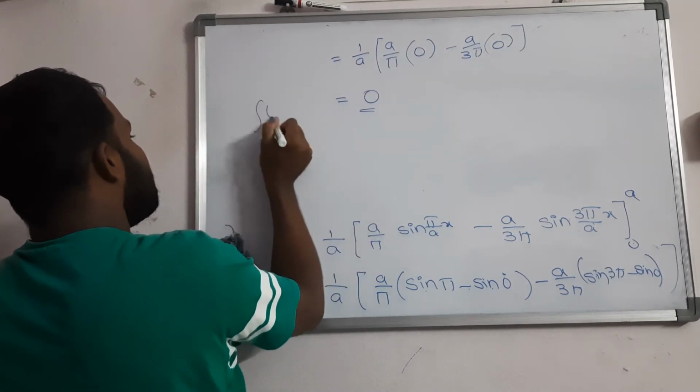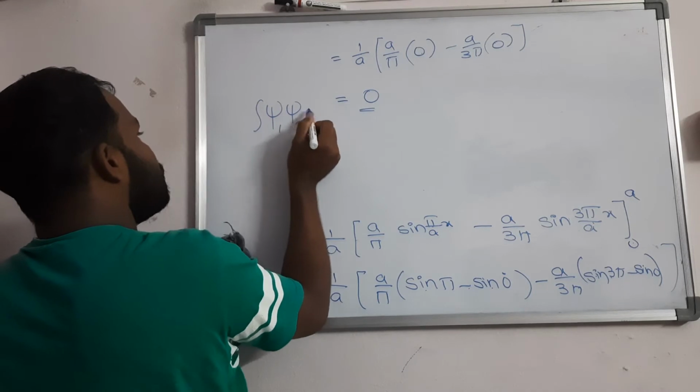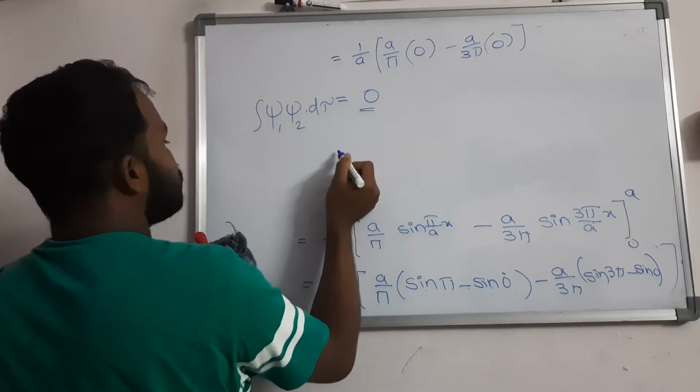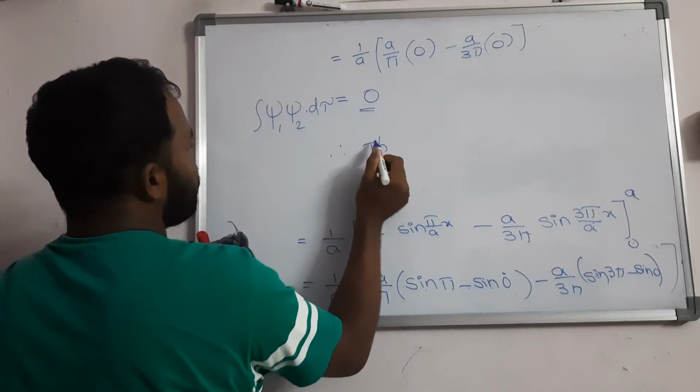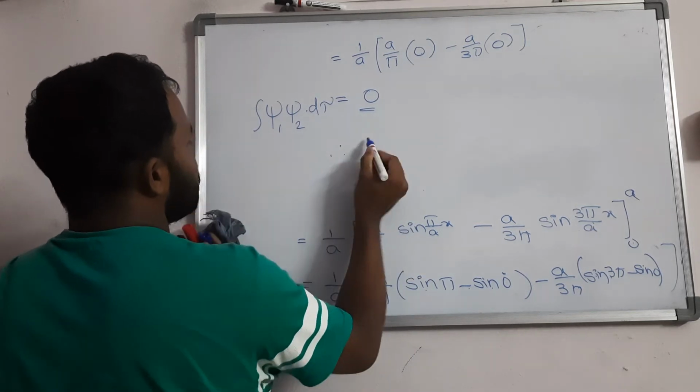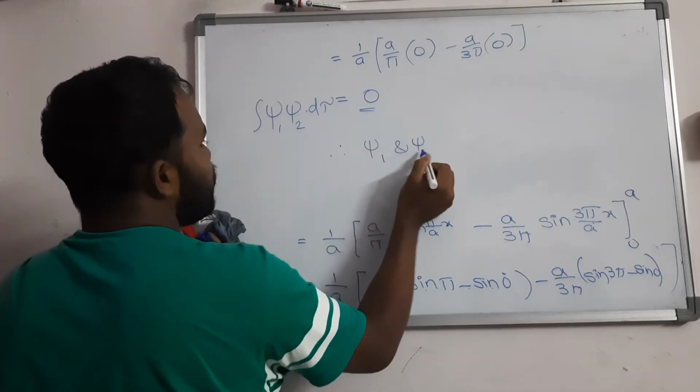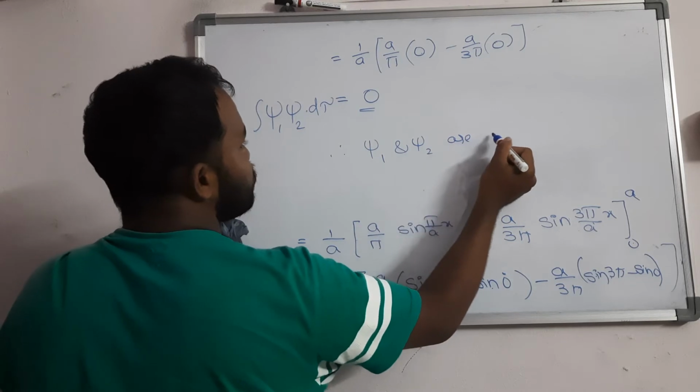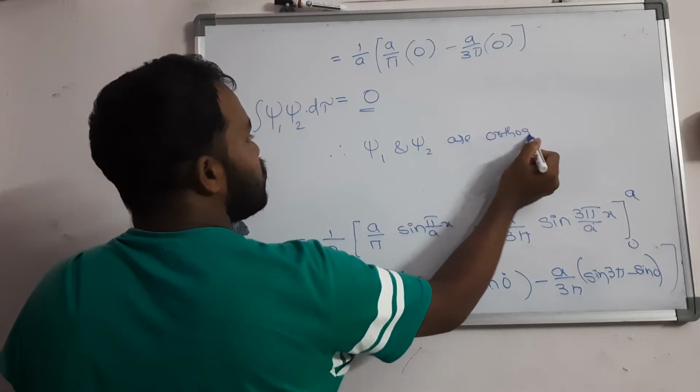The answer is, integration of psi 1 into psi 2 into d tau is 0, that means therefore psi 1 and psi 2 are orthogonal to each other.